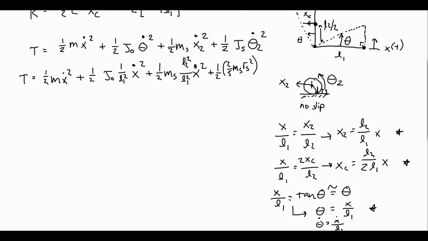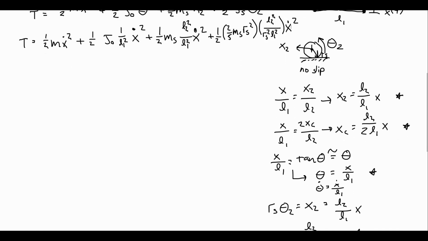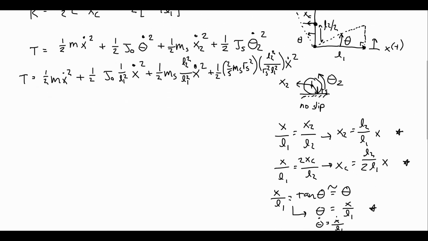So we can multiply this by L2 squared over rs squared L1 squared x dot squared. Looking here, we have an rs squared on the bottom and on the top, I can eliminate those, and actually the rs's are going to go away.